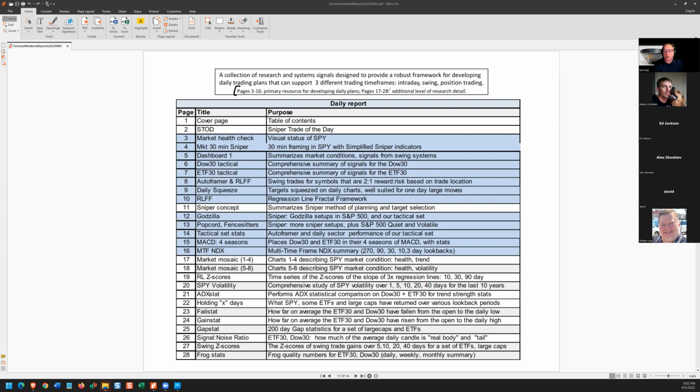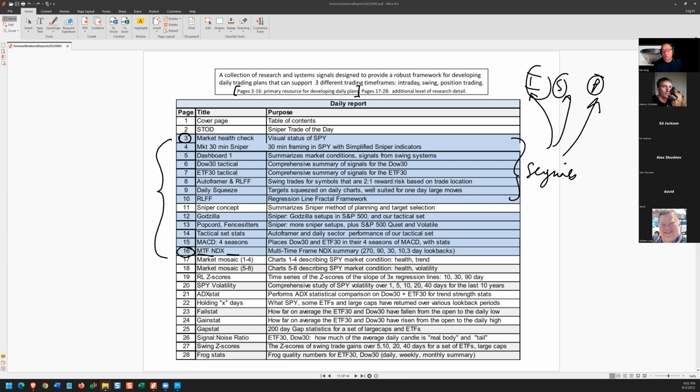Now, the next note, pages 3 through 16. So that's going to start off with the market health check and go all the way through the multi-time frame NDX. All of these that are in blue, these all have signals. These are all signals that are going to feed one of those three styles of trading: the intraday, the swing trading, or the position trading. The only one that's not is this one, page 11, which is just a restatement of the sniper concept, because that's our newest form.